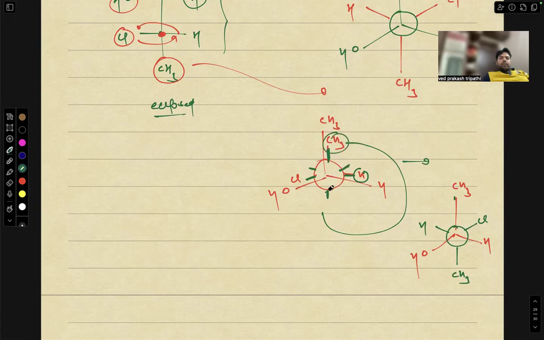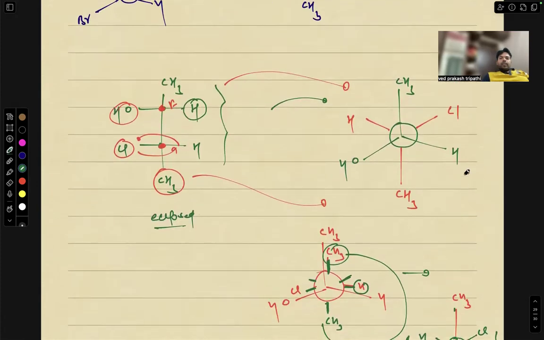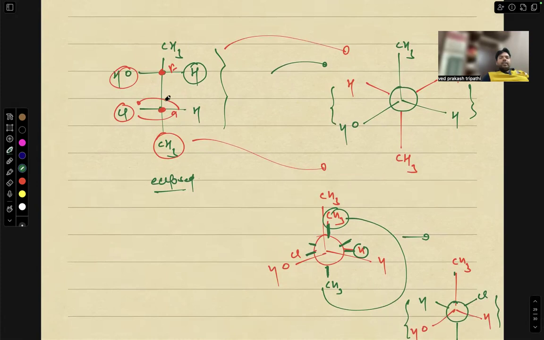So if you rotate 180-degree angle, it should be here. And if you rotate this chlorine at 180-degree angle, it should be here and hydrogen should be here. Okay. So you can see the same thing. It's better to exchange it directly here than to rotate.